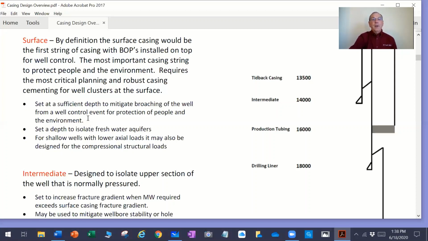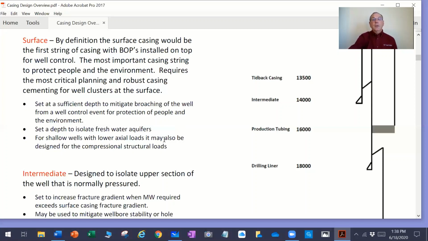It's set at a deep enough depth that no matter what happens, the people on the surface are going to be okay, and it's not going to result in an environmental impact to the surface. It also is going to be set again to a depth to isolate freshwater aquifers. And then for shallow wells with lower axial loads, it also may be designed for the compressional structural loads.